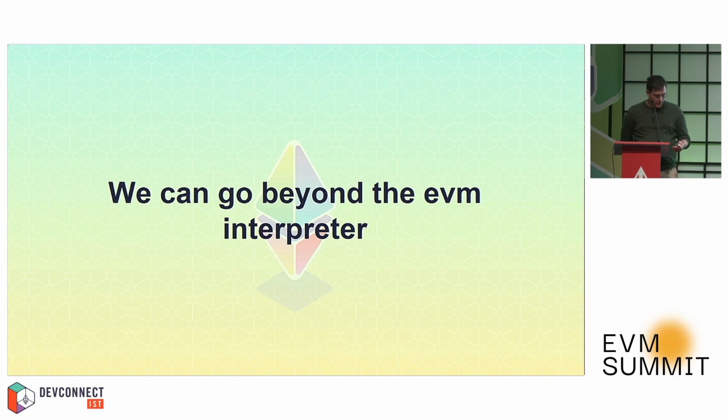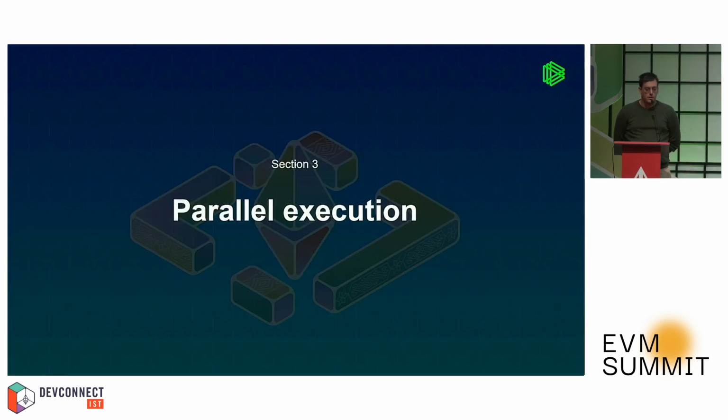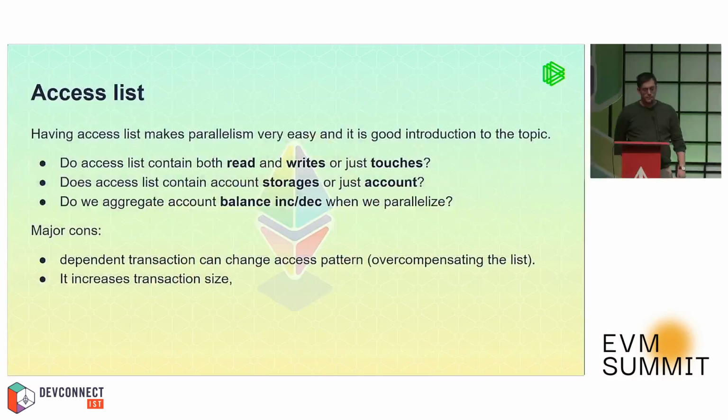So, one step forward. Let's talk about parallel execution. An example of that is the access list. It's not the best way to parallelize things because there are some problems, but the idea is, what exactly are access lists?